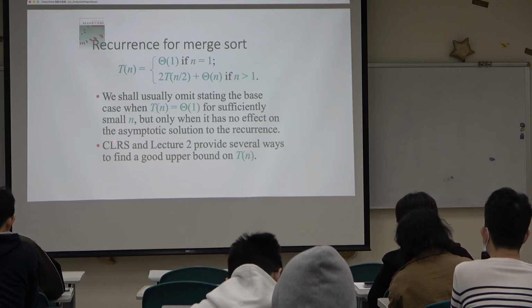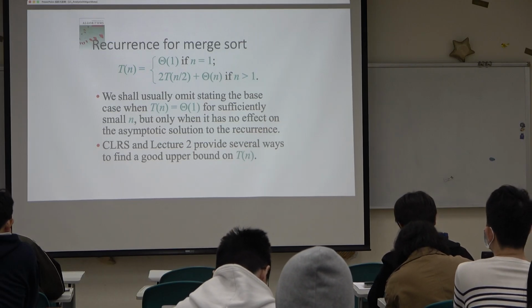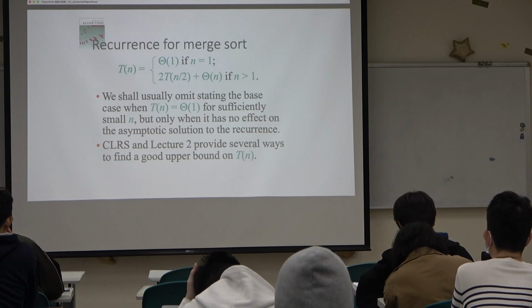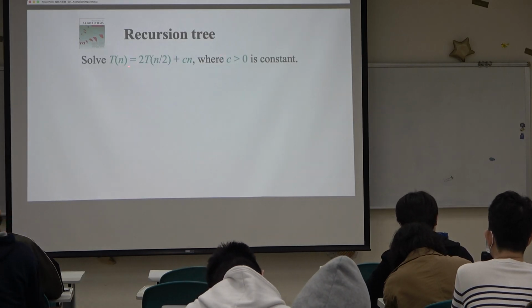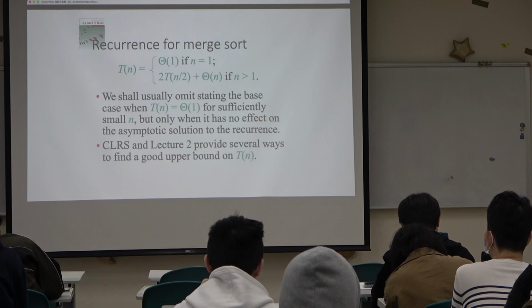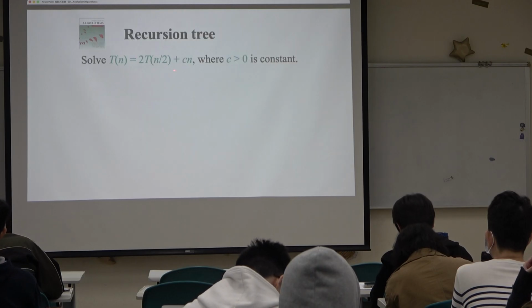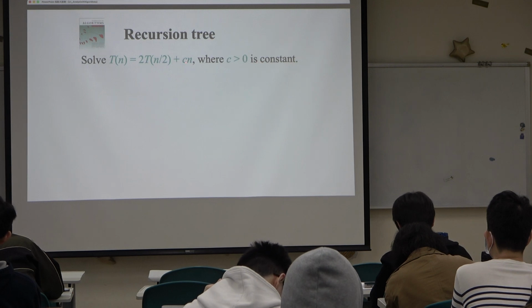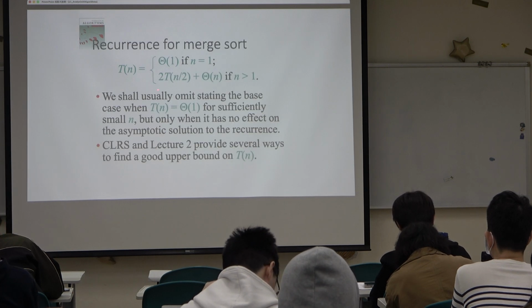So how do we solve this? Here, let me give you a very intuitive analysis. T(n) equals this one, and let's assume that because it's a constant, this theta n, let's assume this is cn, where c greater than 0 is a constant.